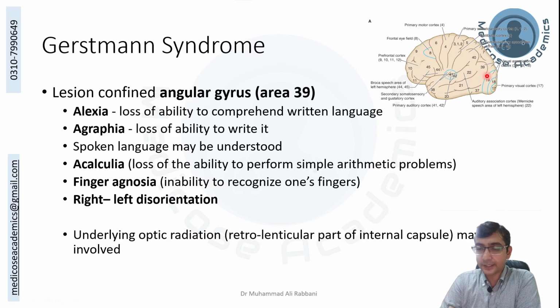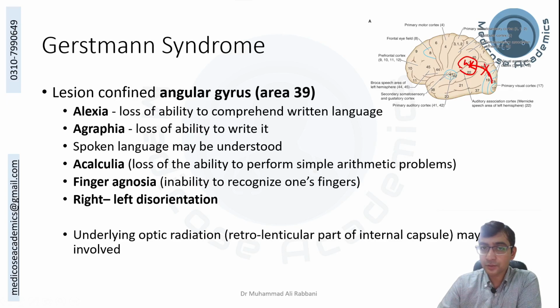This association area is somewhat the mixed area between the parietal and occipital lobe. This is area 39, the angular gyrus, and when that is damaged, it leads to a few symptoms, alexia, because the signal from this association area has to go to the Wernicke area through this pathway, and in the Wernicke area the language is interpreted.